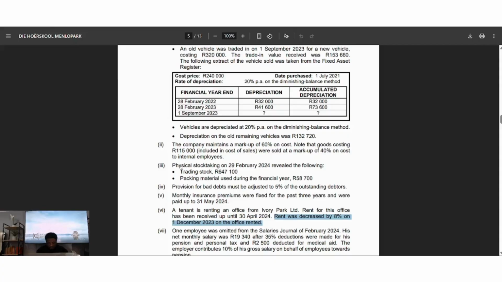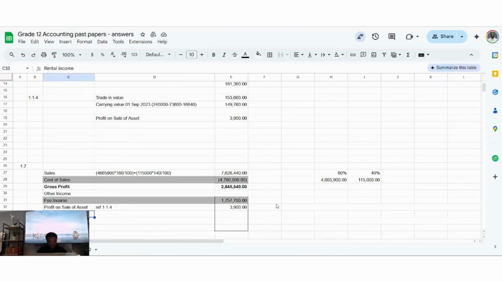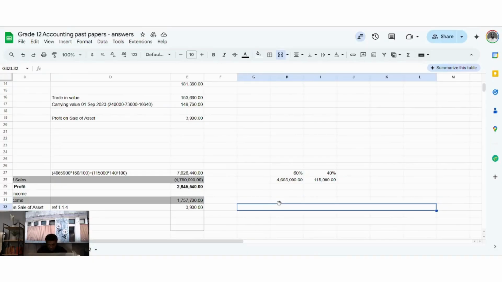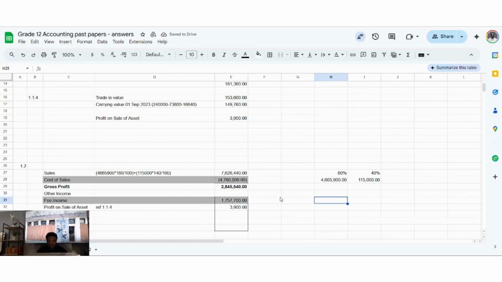Okay, so let's then see how we would work out the rent in this case. All right, so I'm going to do my workings right here. So let's think about our financial year as it relates to the rental income.